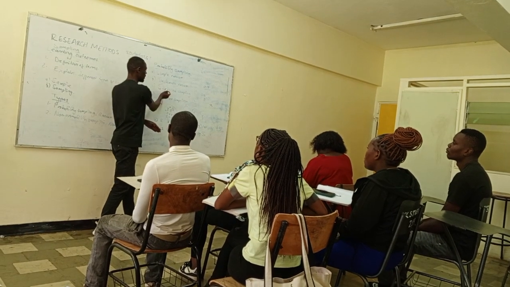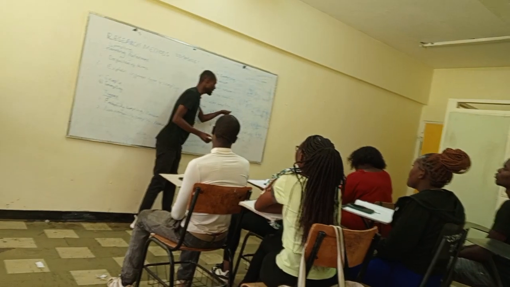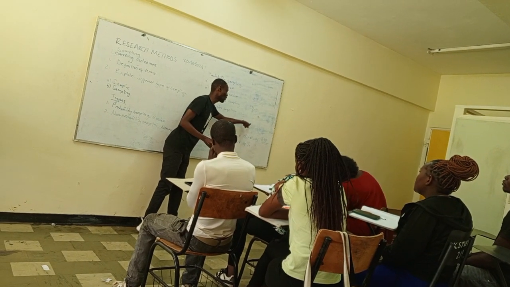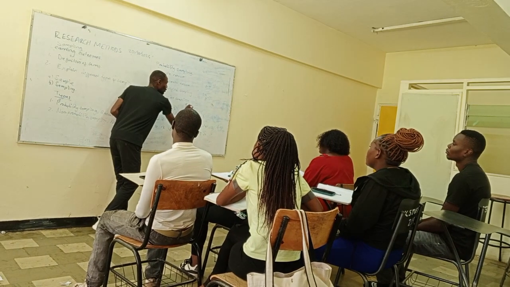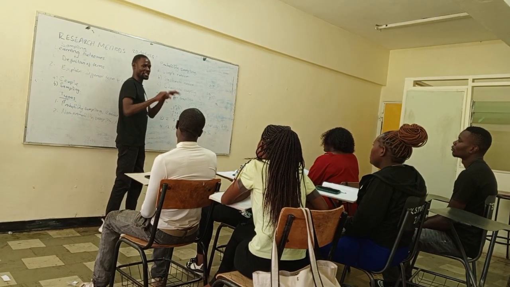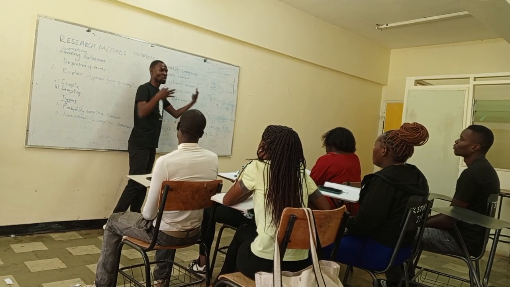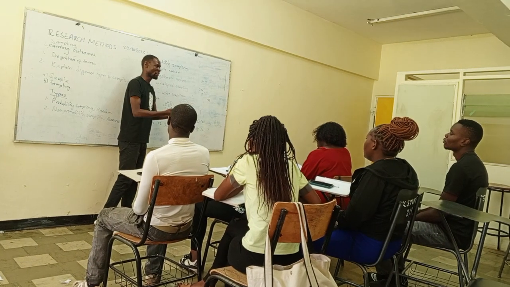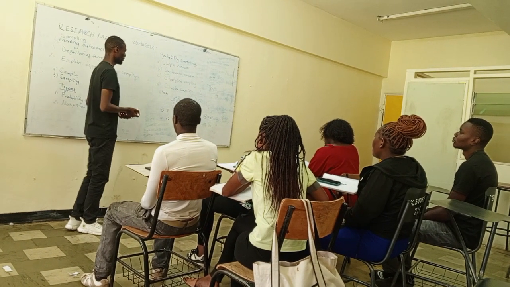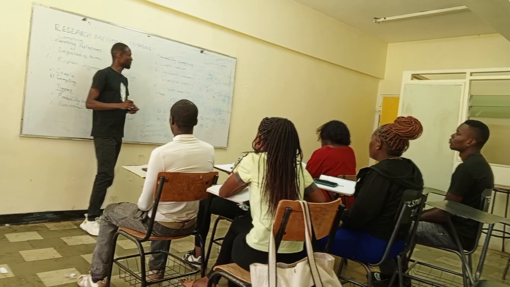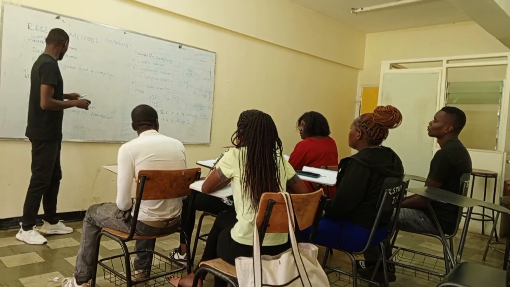It is different from stratified, because in stratified you pick a sample from each group. But for a cluster, you pick the whole group and you leave the others. You use simple random sampling in picking just one group as a whole, and the whole of it will be your sample. So that is the end of our lesson today.